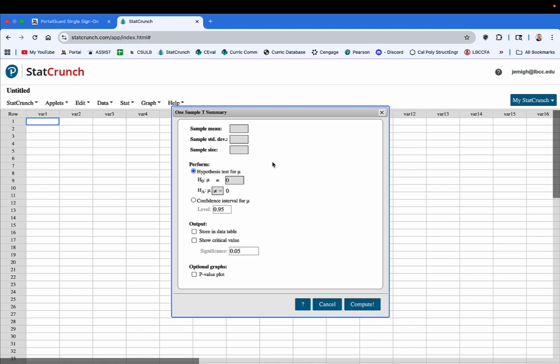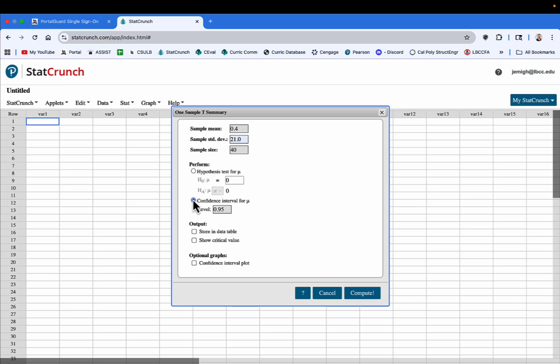The mean was 0.4 change in cholesterol level. The sample standard deviation was 21.0, and we had 40 people in this study. Using this input screen, we're going to ask the program to perform not a hypothesis test, that's for Chapter 8, but a confidence interval for mu, and I believe it was the default, 0.95. We hit compute.